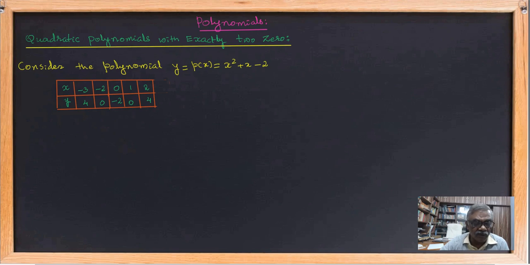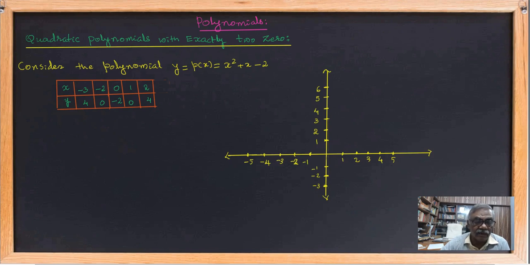And now I am going to consider the coordinate axis, and by the table I am going to plot the points here.